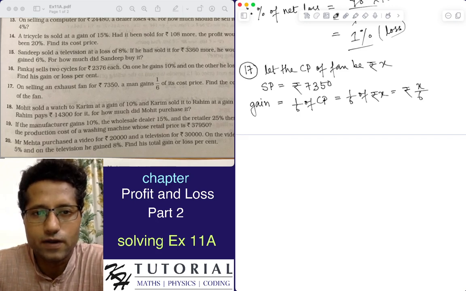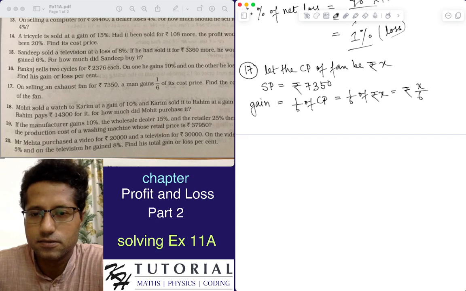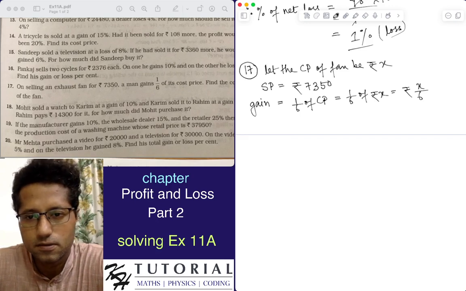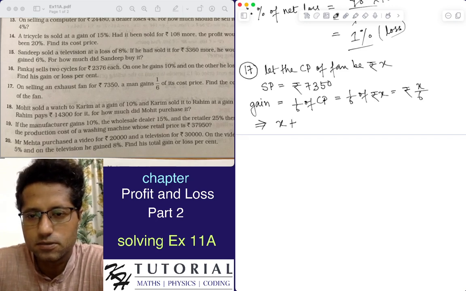Now we know the cost price is X and the gain is X by 6. So we can say that the selling price will be cost price plus gain. So X plus X by 6 should be equal to 7350.